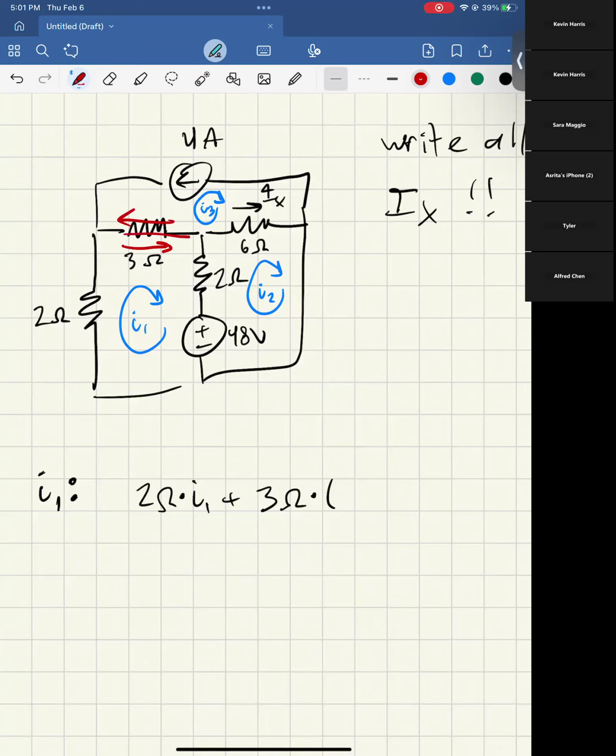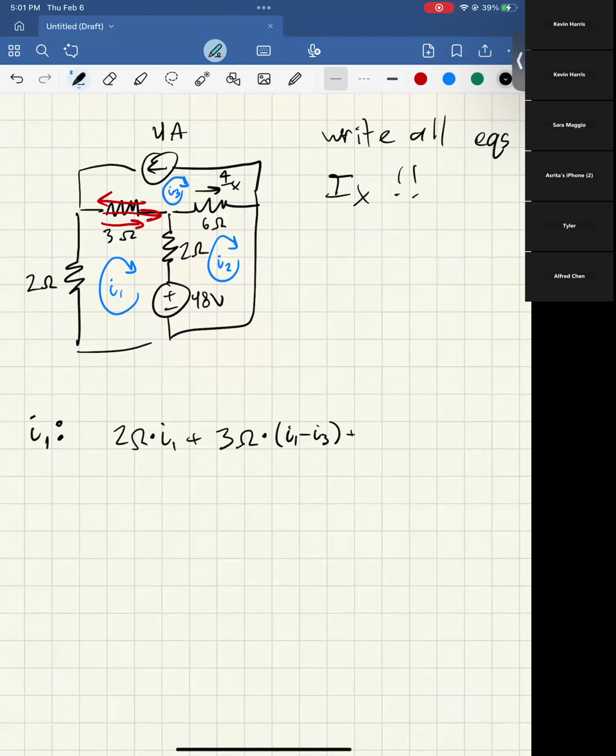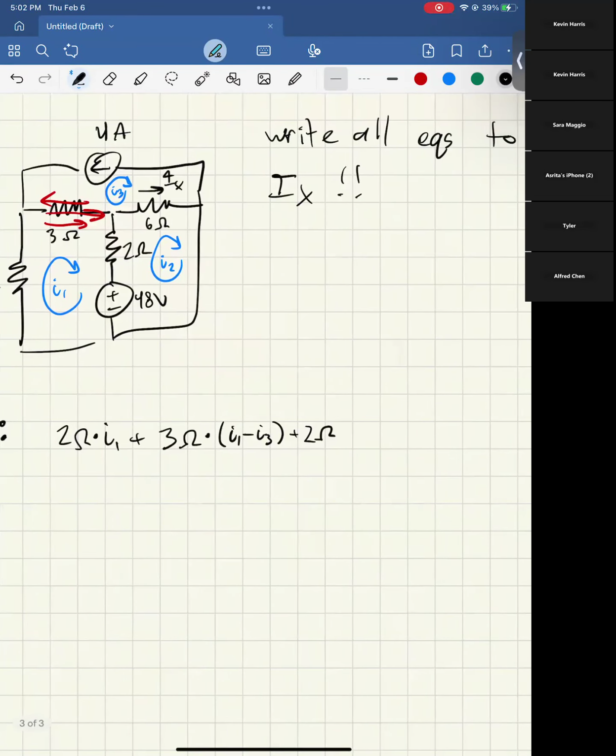So the resulting current from the perspective of the I1 loop would be I1 minus I3. And then we do the same thing for that next 2 ohm resistor, plus 2 ohms times I1 minus I2.